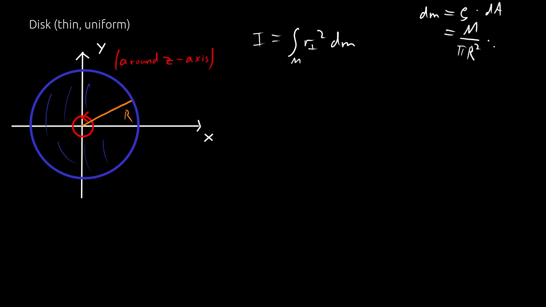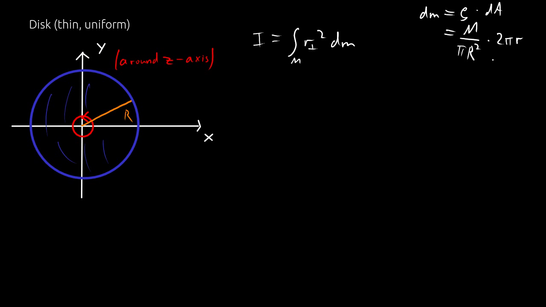And then we multiply that by dA, and dA of such a ring is going to be just the circumference of this ring. So the circumference of this ring is 2 pi times little r for a specific r.